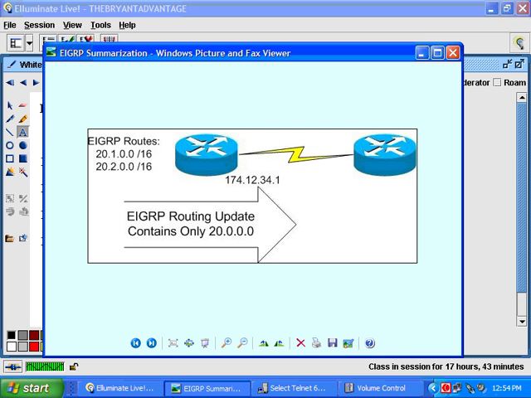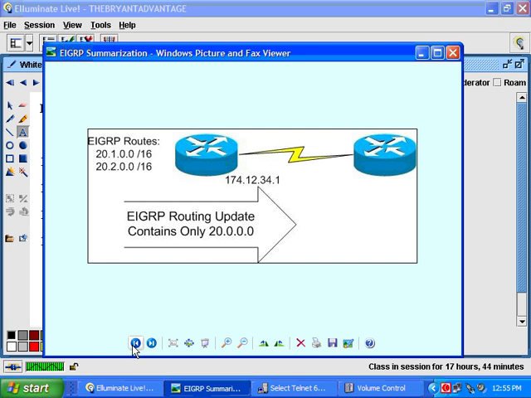And one reason that we use subnetting is to allow the use of discontiguous networks. And a discontiguous network is simply two instances of subnets of a major network number that are separated by another major network number. This allows us to use subnets of the major network number 20.0.0.0 in different physical parts of the network.